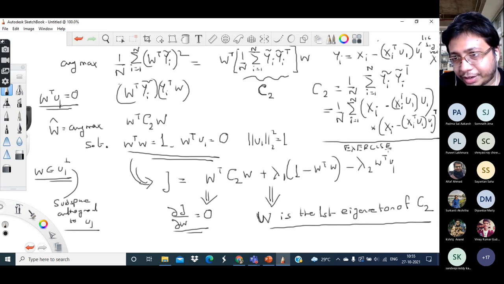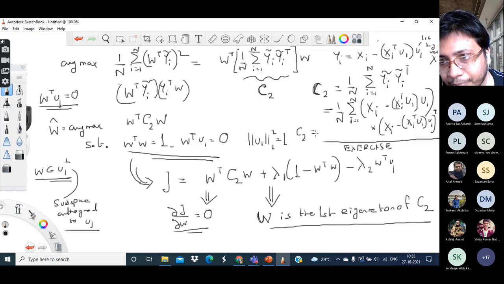It's not really all that difficult, but finally what you will understand is that this covariance matrix C2 is basically nothing but what is remaining of the original. This is what the original covariance matrix was, right?